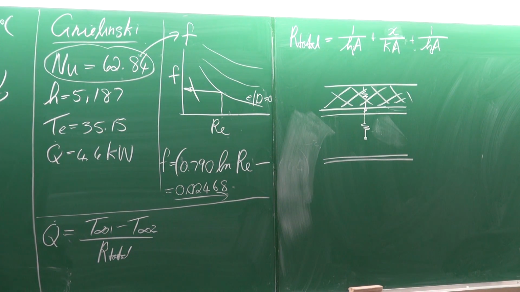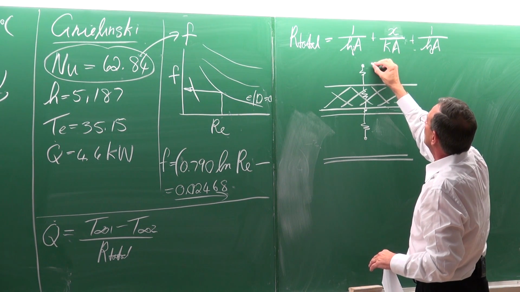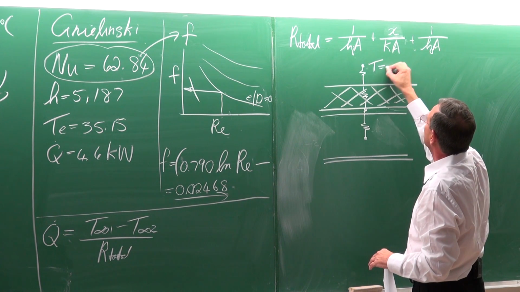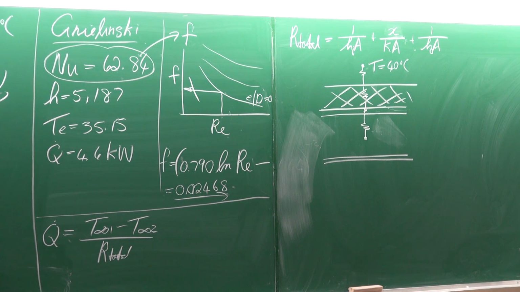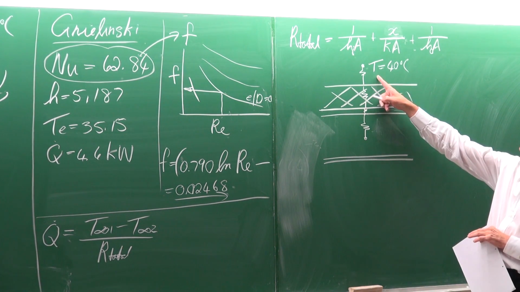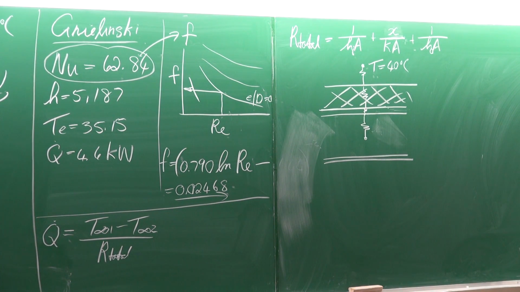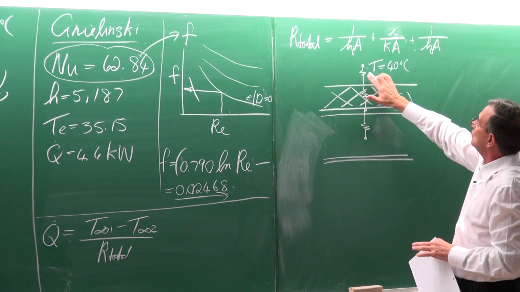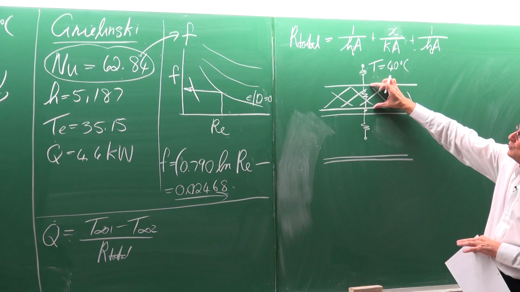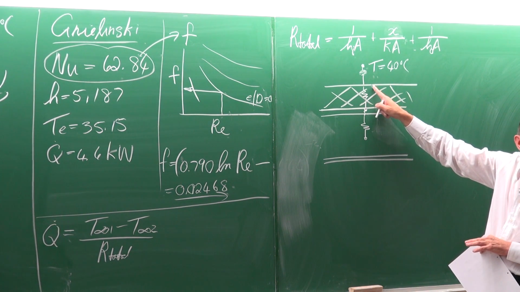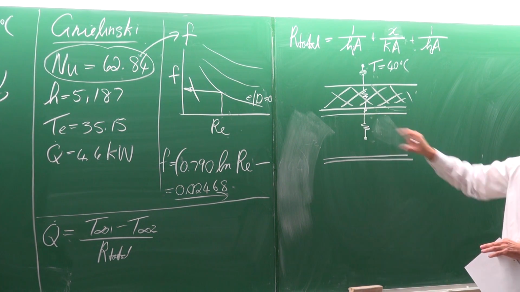But then there's another resistance on the outside, which is this 40 degrees Celsius in the surrounding area around the tube. To get this heat transfer coefficient we are going to do that in the next chapter because that is natural convection. So we are not going to take that one into consideration, and assume that that is the temperature of the insulation material all around. That is the galvanized steel, and that is the resistance of the air.